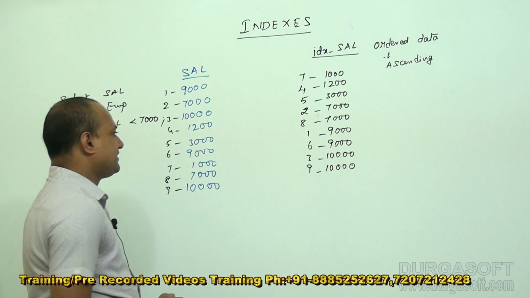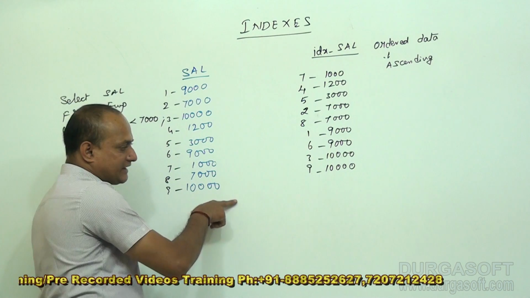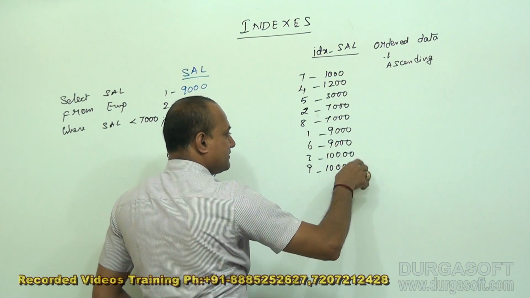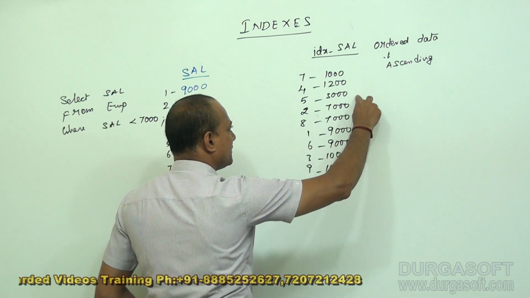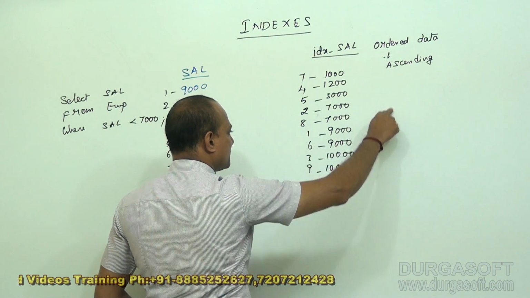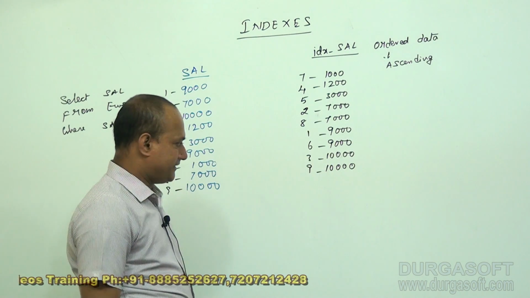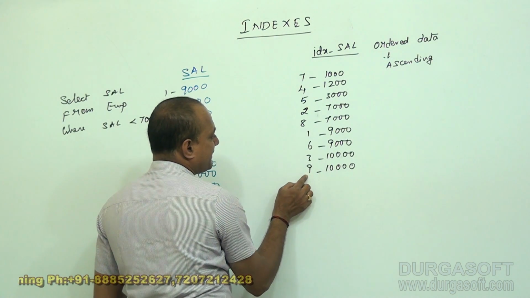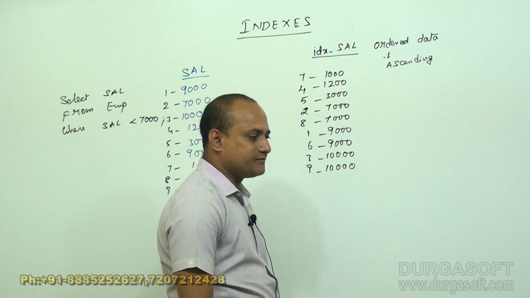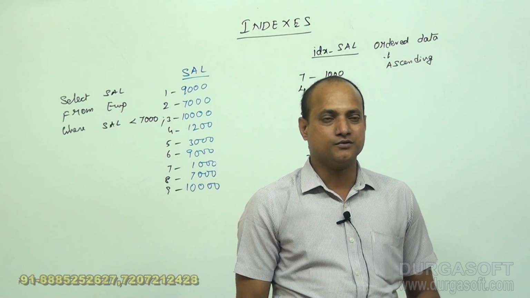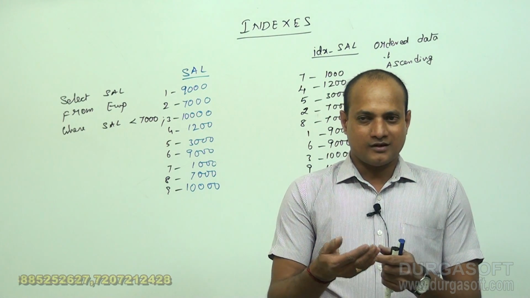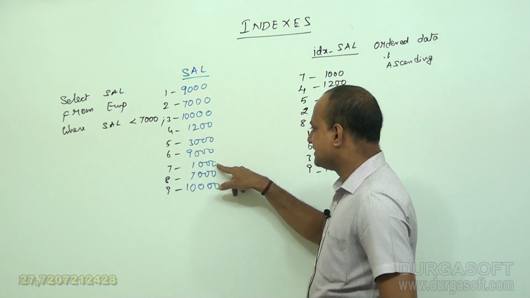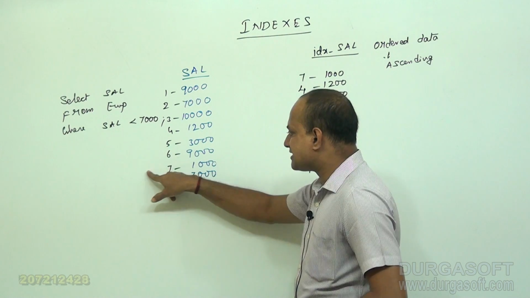So if you create an index on this column, internally the index will maintain the data like this, in ascending order by default. Along with ordered values, it will maintain the address of each value, meaning from which record the value comes. Suppose 1,000 is taken from the 7th record, so the 7th record address should be there.